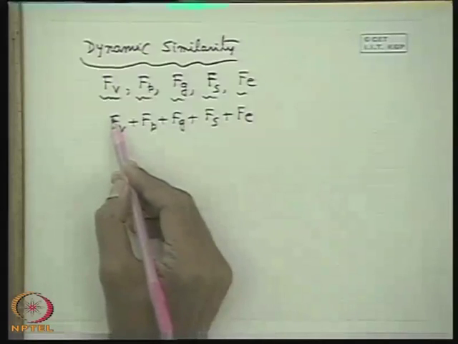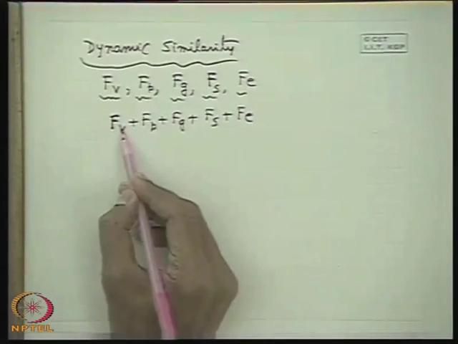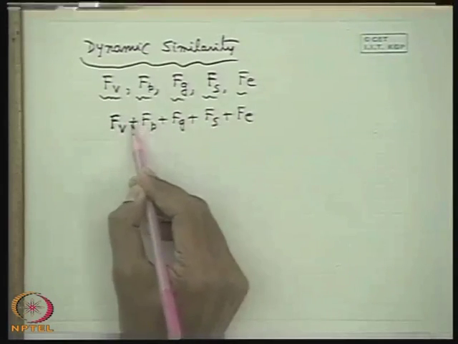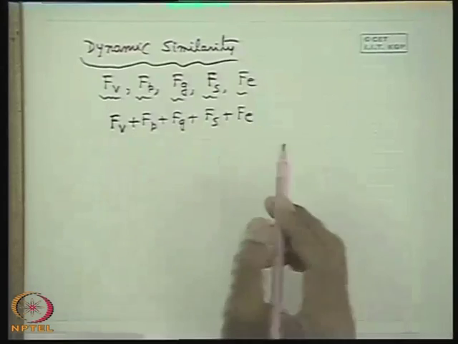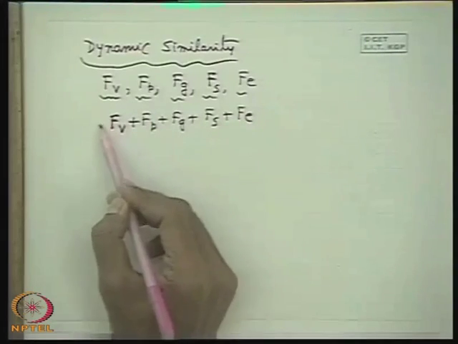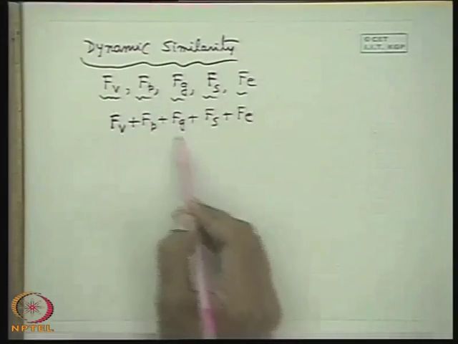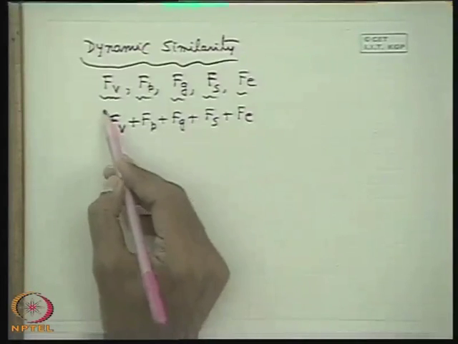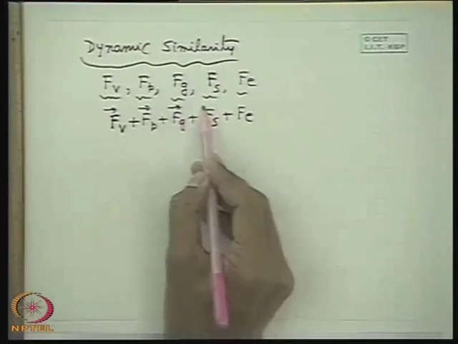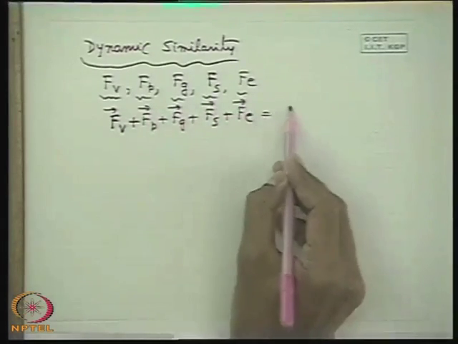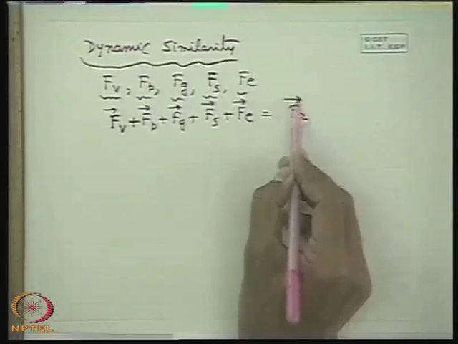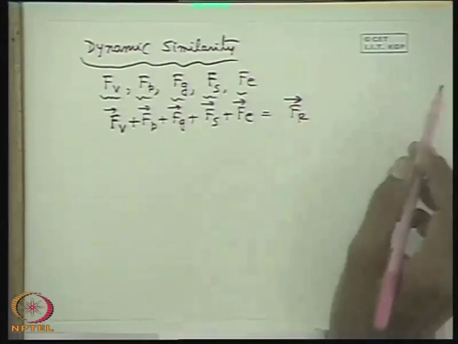For example, in a fully developed pipe flow, only the viscous force and pressure force are dominating. But if we consider in general that all the forces are dominating in a fluid flow problem, then the vector sum of all the forces yields a resultant force, which is the force that dictates the flow of fluid.